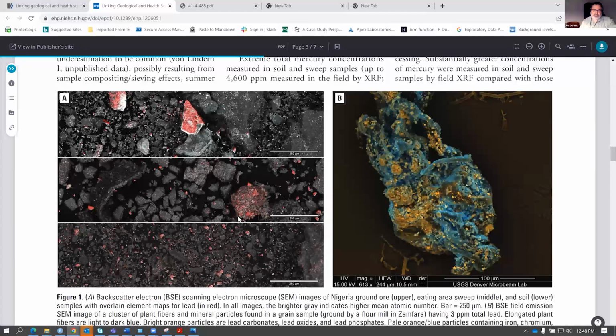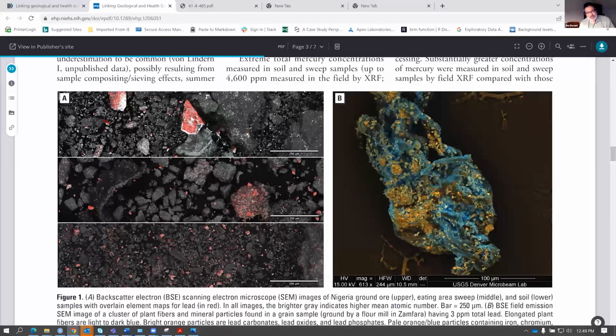You can see the lead is concentrated in some of these particles, and depending on the sizes and the amount of lead contamination inside each particle, having an individual particle fall into or out of your analytical sample can make a huge amount of variability in terms of what your analytical result is.